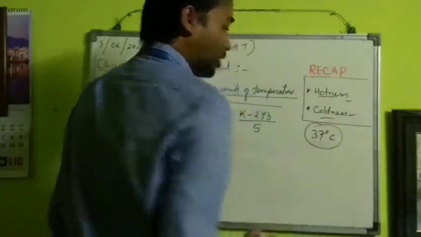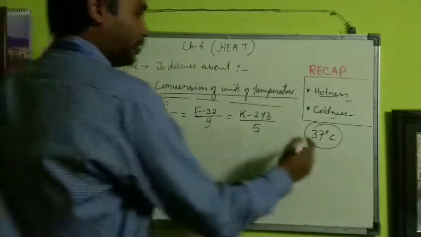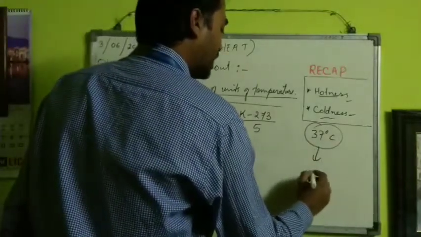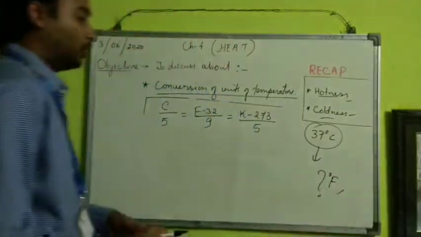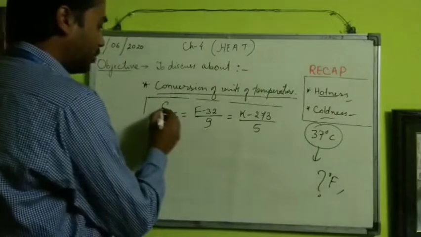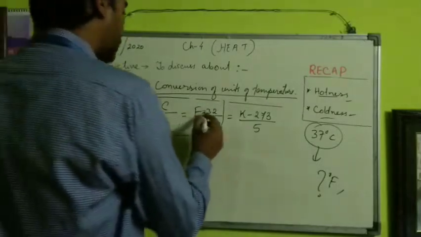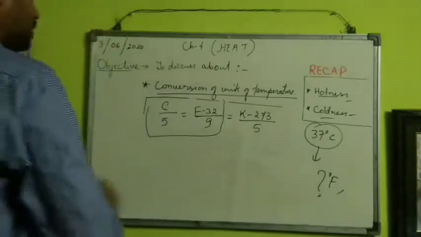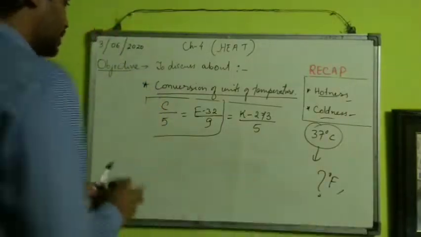So this is in which unit? In degrees Celsius. If we have to convert Celsius into the Fahrenheit scale, what will be the answer? Let us try to find out. We will be using Celsius to Fahrenheit, so we have to use this relation only, the first two parts, that is C by 5 equals F minus 32 by 9.